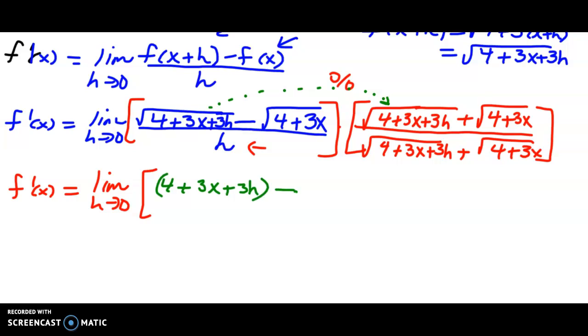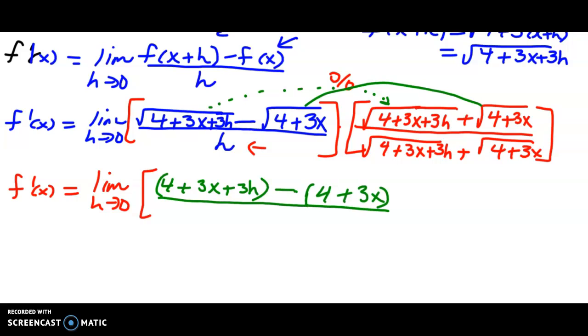With conjugates, the middle terms cancel, and then I'm left with square root of 4 plus 3x times itself, which I will get 4 plus 3x. All divided by h and the binomial radical, which is the square root of 4 plus 3x plus 3h plus the square root of 4 plus 3x.